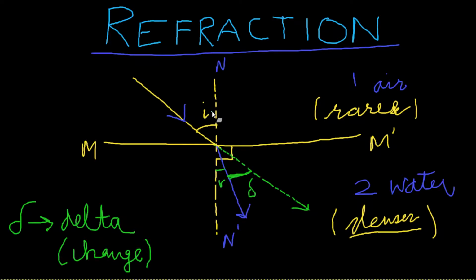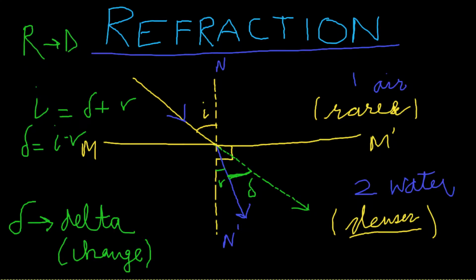And as you learn that in math, the vertically opposite angles are equal. So in this case, guys, our I would be equal to, what do you think? Guess, delta plus R. So from this we have that delta is equal to I minus R. So the deviation, guys, is I minus R, and this is what the first case is, where you go from rarer medium to denser medium.